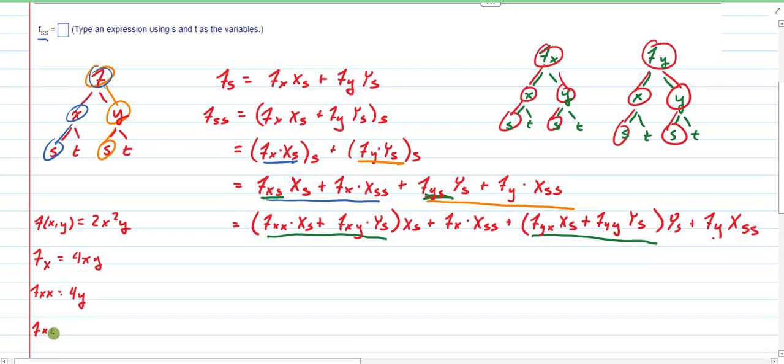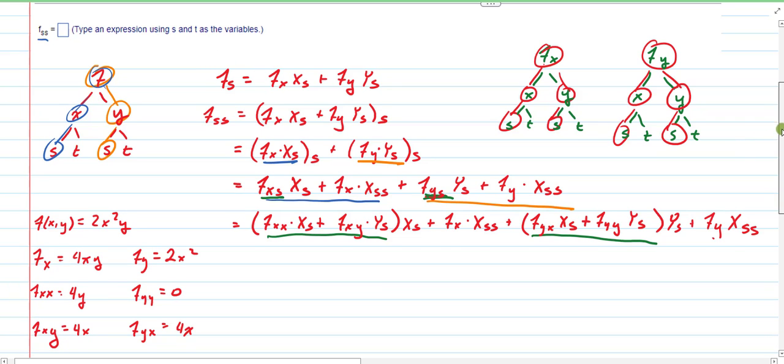If we did f sub xy, I think we need that. Yep, right there, we'll need it. So if we did f sub xy, that would be 4x. And if we do f sub y, and etc., we'll just fill these in. So f sub y would be 2x squared. F sub yy would be 0. F sub yx, we can either compute or we can use Clairaut's theorem and say that's 4x.